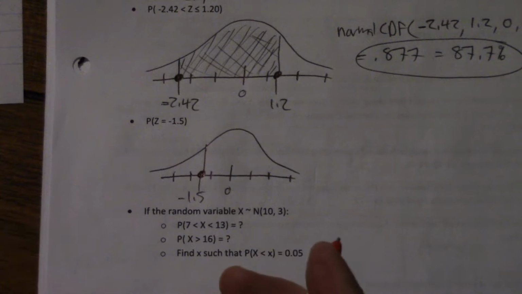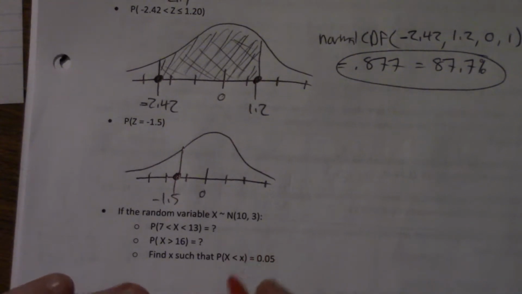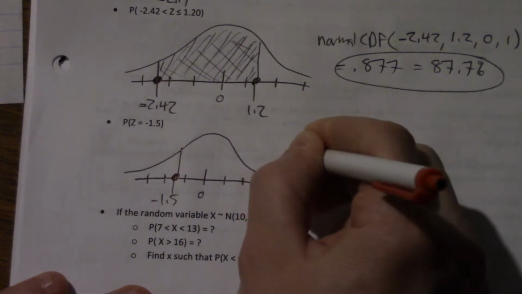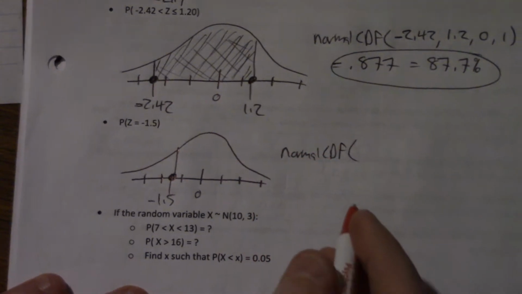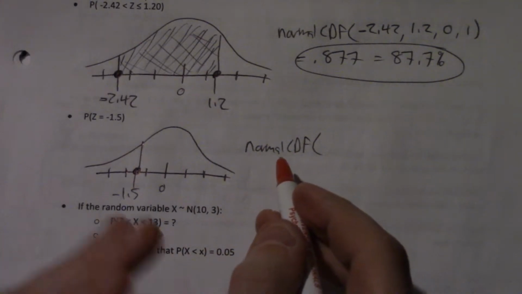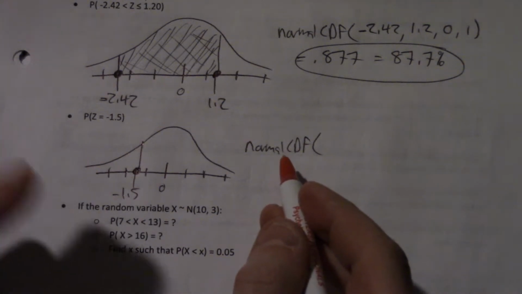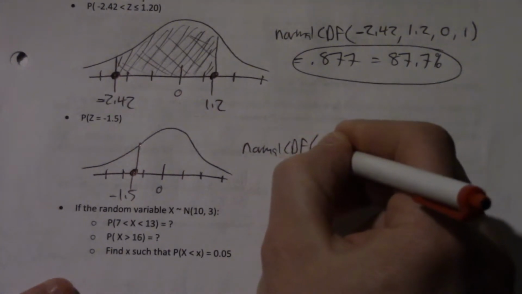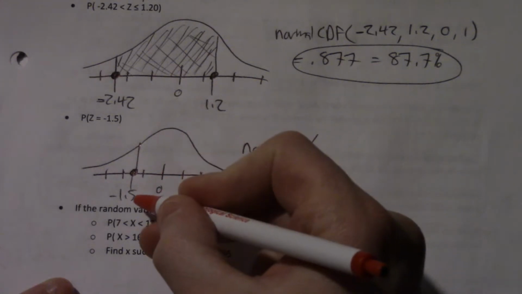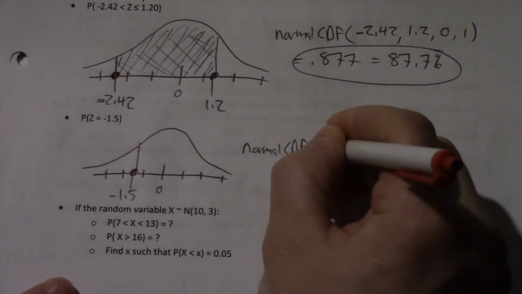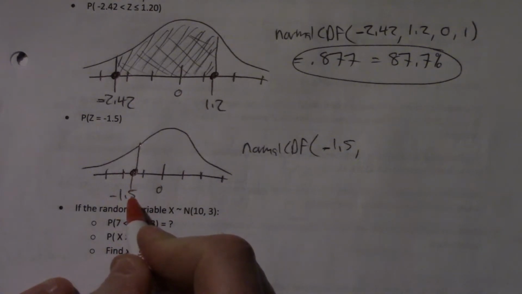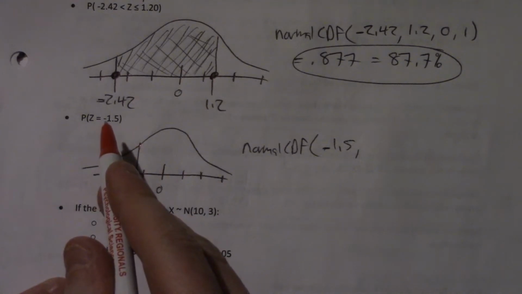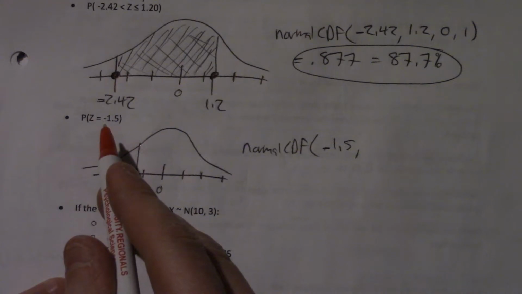Well, let's find it, and let's see what the calculator says that it is. So we're finding a probability from a normal distribution, so we will use, again, normal CDF. This is the one we'll use most often, but not always. Where do we start? Well, we're starting at negative 1.5. Where do we end? Well, we're not going anywhere. We want to be exactly negative 1.5.